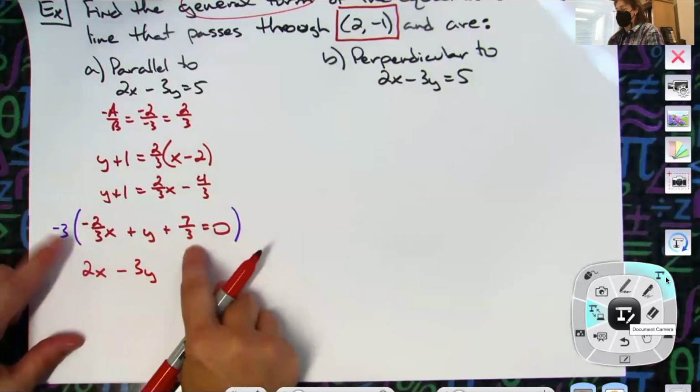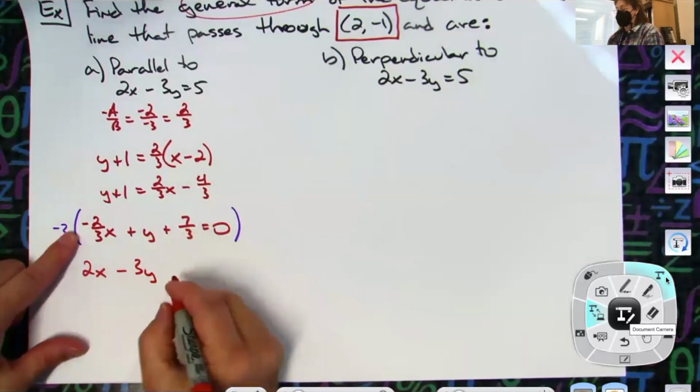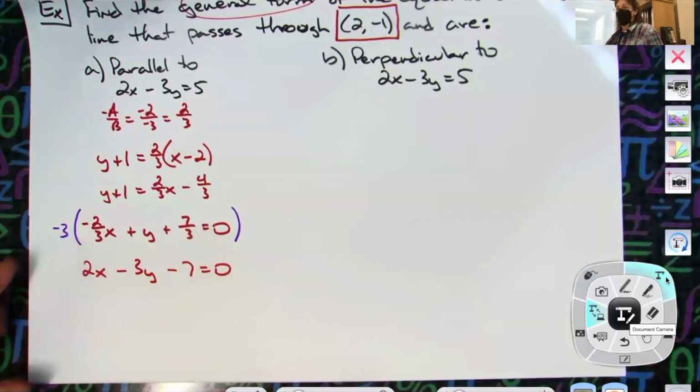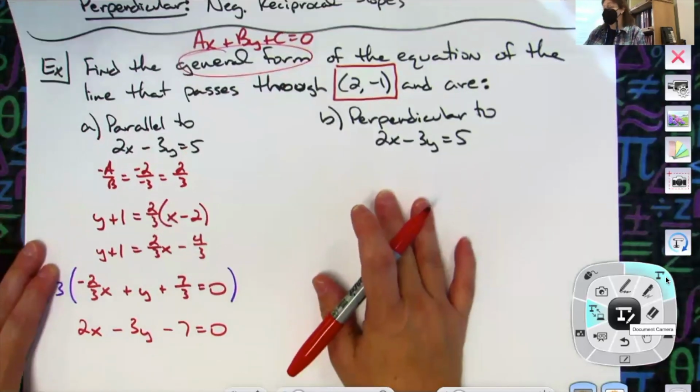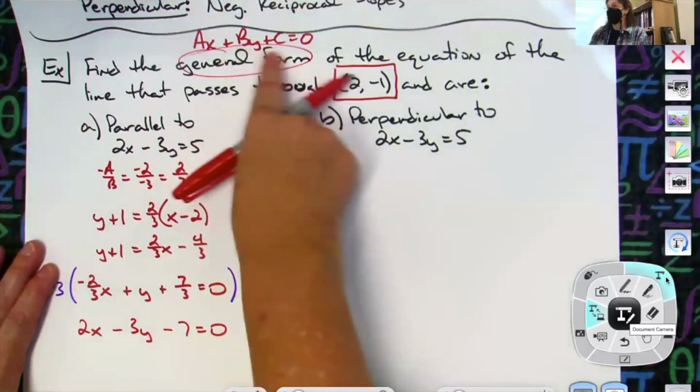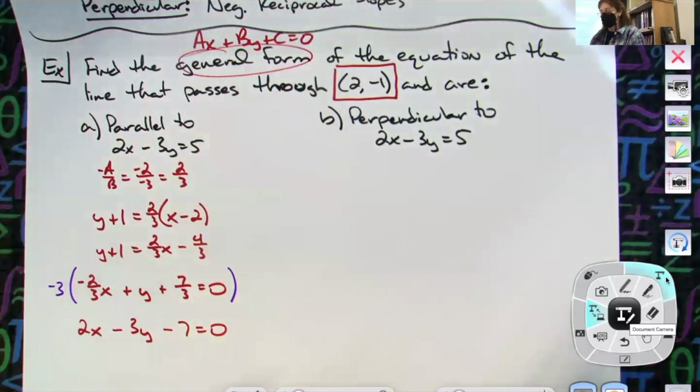When I get this one, the fraction goes away, and I'm going to get a -7. So is that what you got? That's what you would have got if you would have kept going? Yeah. So it really doesn't make any difference. The reason I went to the left, well, I like going to the left for whatever reason, but this is all on the left. I just always write general form equals 0 on the right.